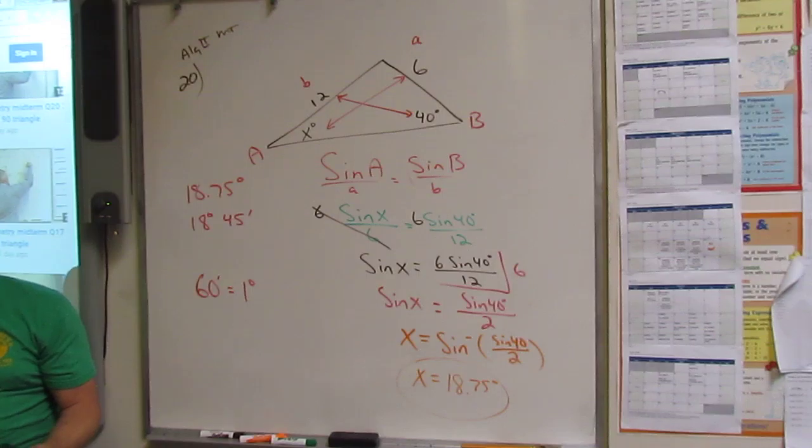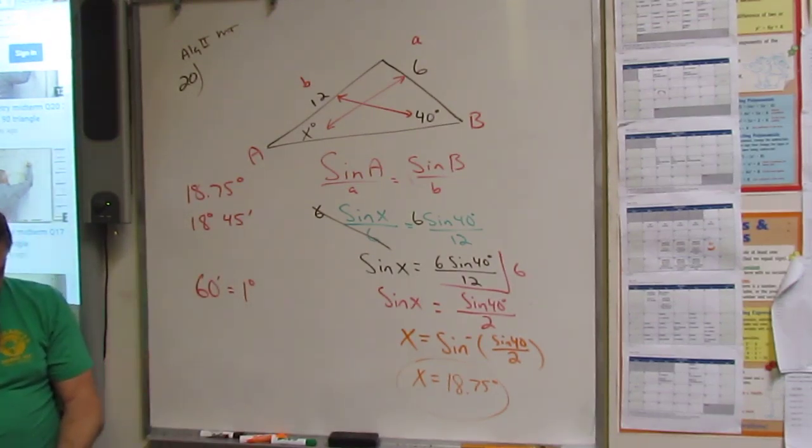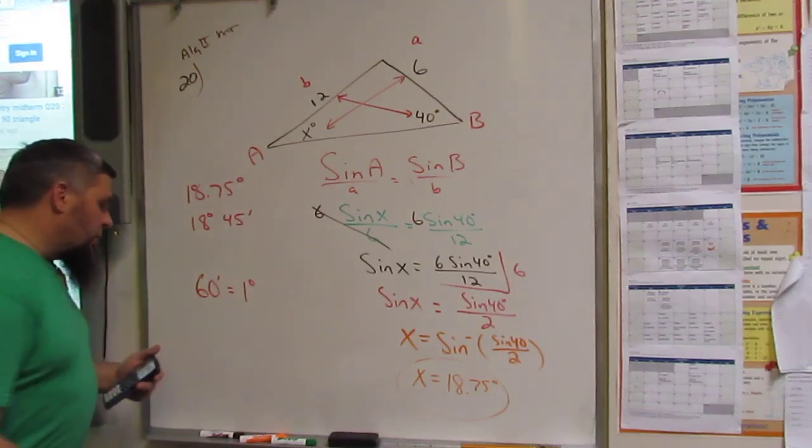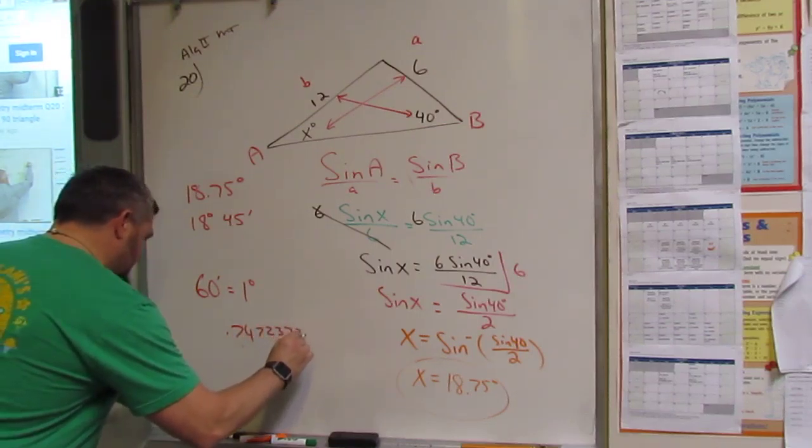And to find seconds, I would do 60 again, multiplied by whatever the decimal was left over. Now, if I did the actual amount, which I don't have here, so let's go inverse sine of 40 divided by 2 equals, and then minus 18, and that gives me 0.747237251, right?